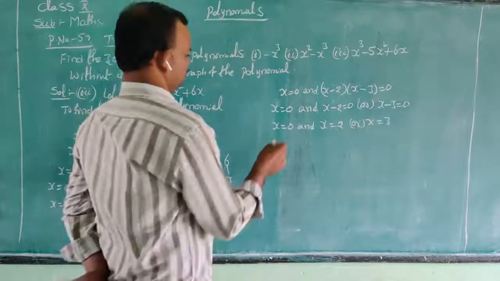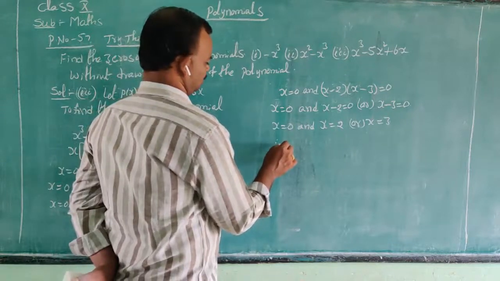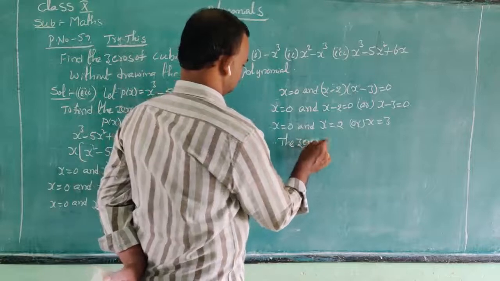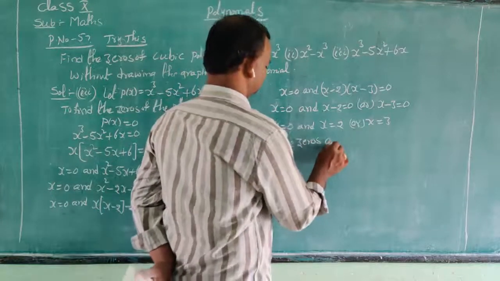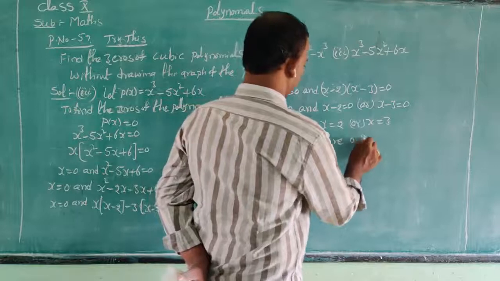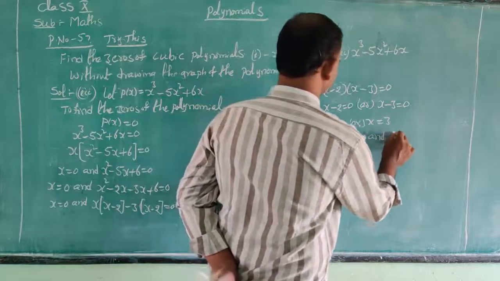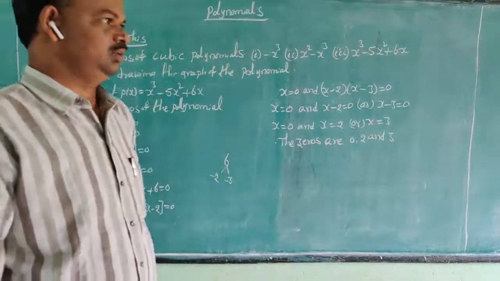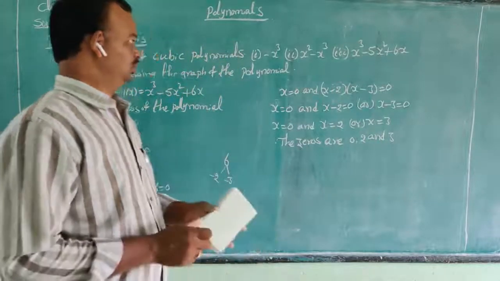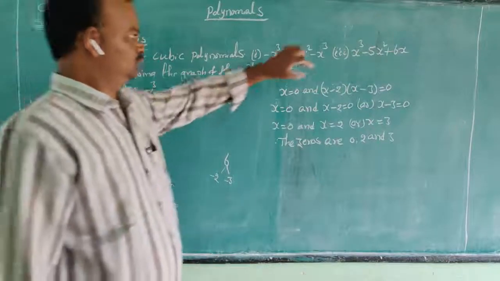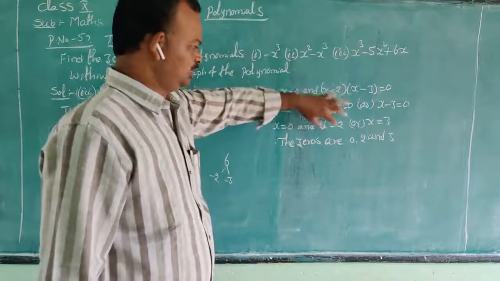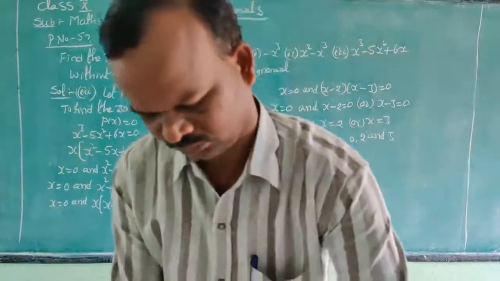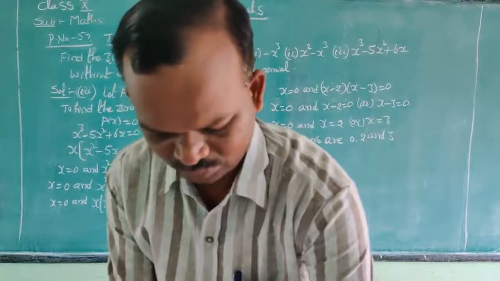Therefore, the zeros are 0, 2 and 3. That means there are 3 zeros, as it is a cubic polynomial. The zeros are 0, 2 and 3. Example 1.